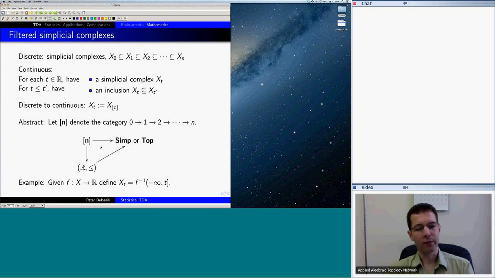Now, one nice thing of this language is that we see that we can go from the continuous to the discrete by taking a pullback, and also go from the discrete to the continuous by taking a left Kan extension. And one of these objects is given by the level sets of a real valued function.